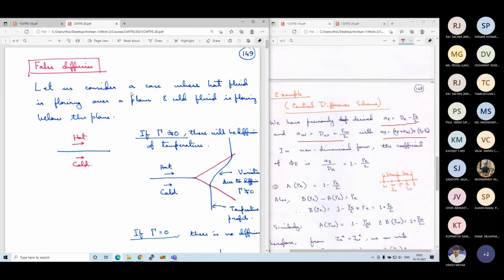It depends on the schemes, and it is also like a numerical diffusion. Obviously this is not physical, so it is like an error. Let us try to understand when it occurs. We cannot do anything directly to avoid it, but let us see when it occurs and what it is.